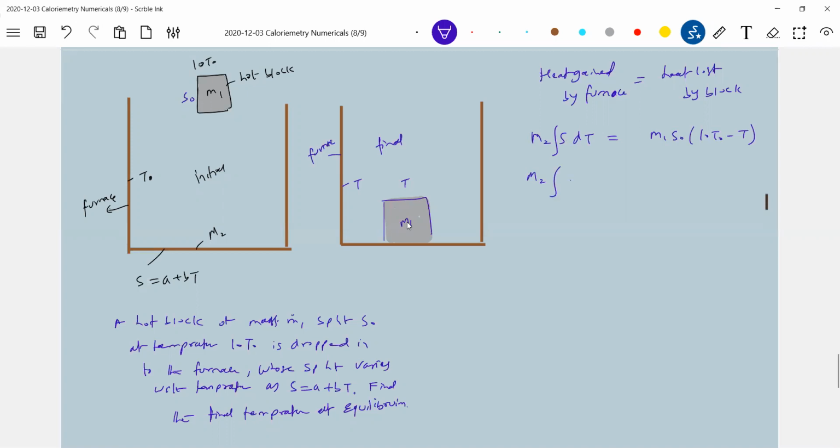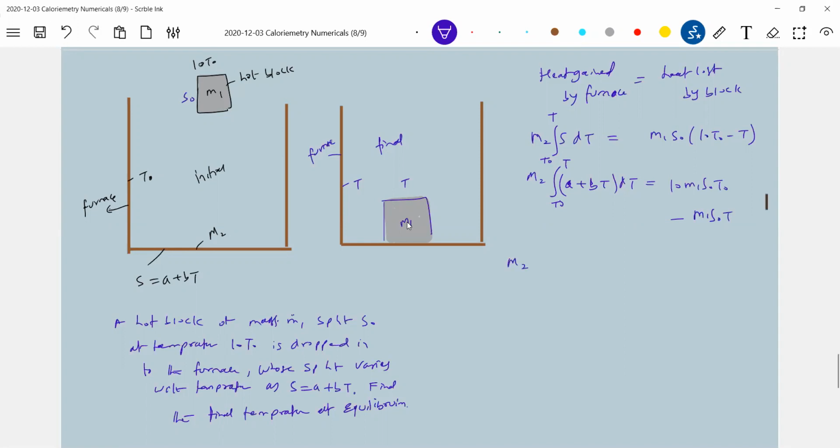So the specific heat of it is varying with the temperature. What was the initial temperature? T naught, final temperature T. Try to see the limits. So M1 S naught 10 T naught minus M1 S naught T. Let's integrate this one.